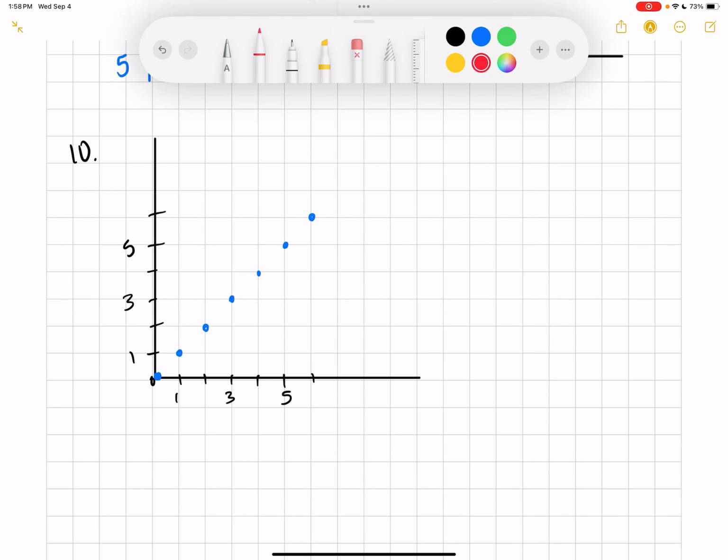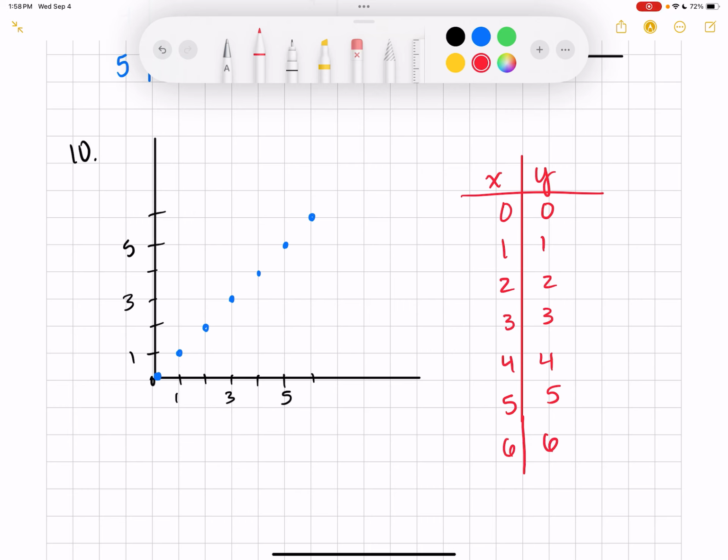So I want to set up my table. So my x and y. So I had a point at 0, 0, at 1, 1, 2, 2, 3, 3, 4, 4, 5, 5, and 6, 6.